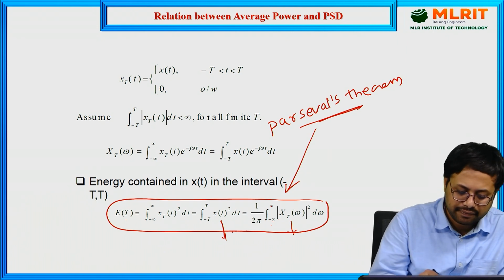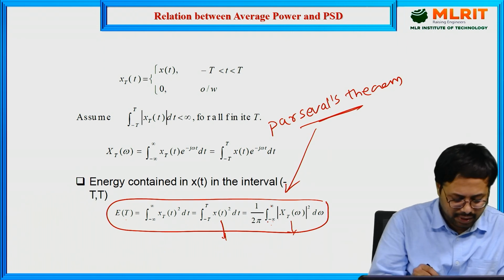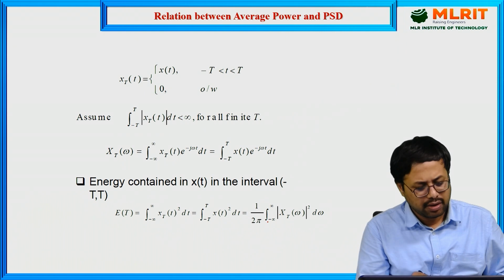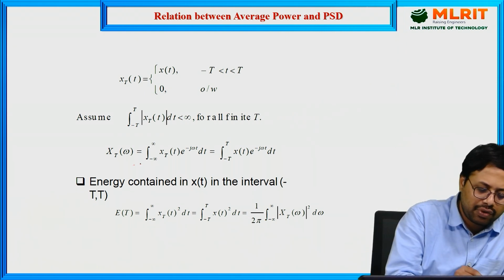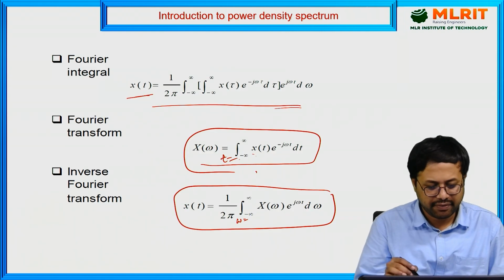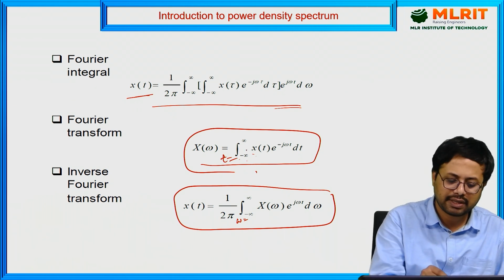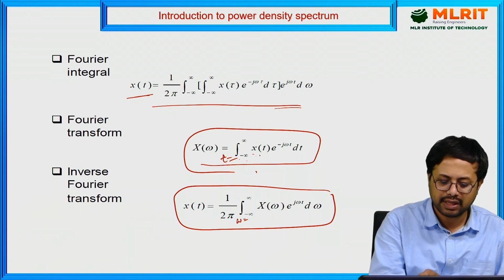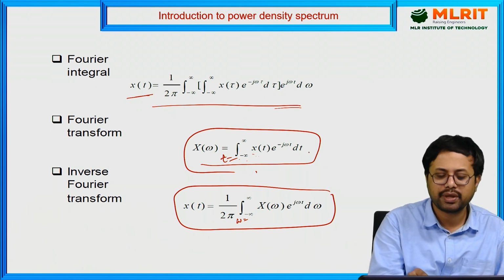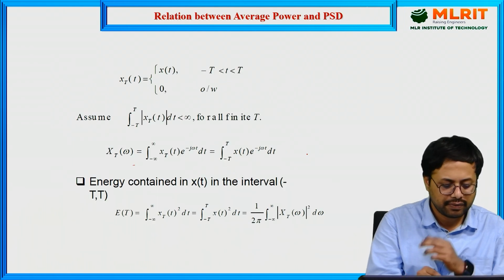Now next, to understand this concept, you first apply the Fourier transform. In the previous slide we discussed the Fourier transform. X of omega is equal to integral from minus infinity to infinity of x of t e power minus j omega t dt. You apply it.